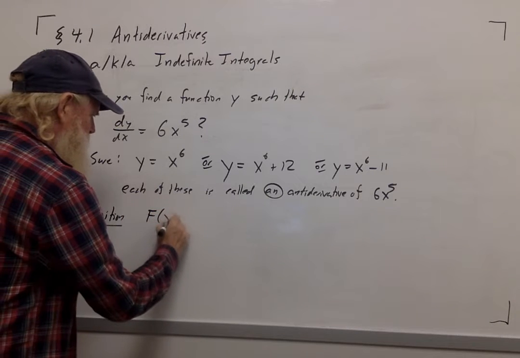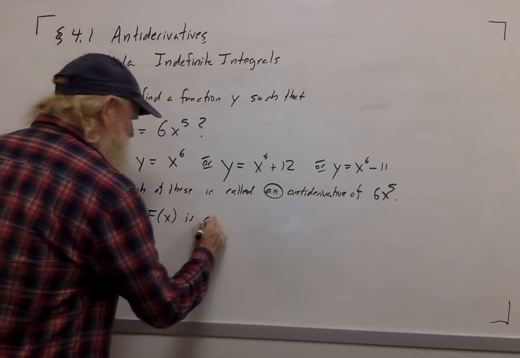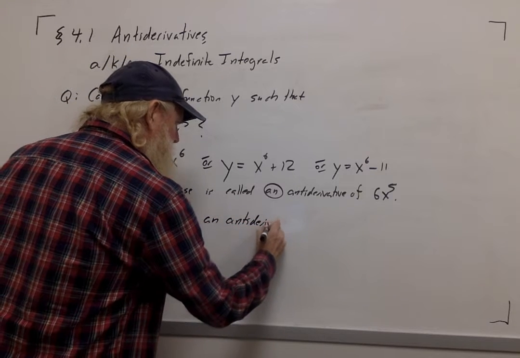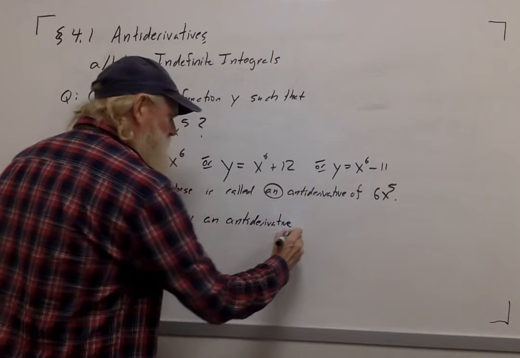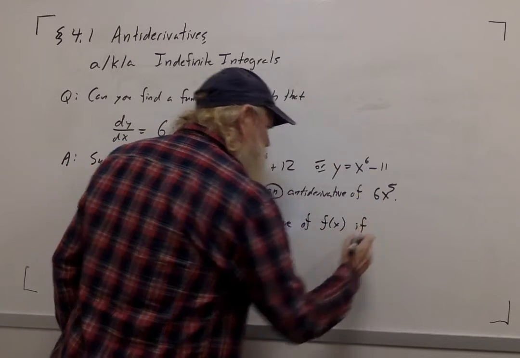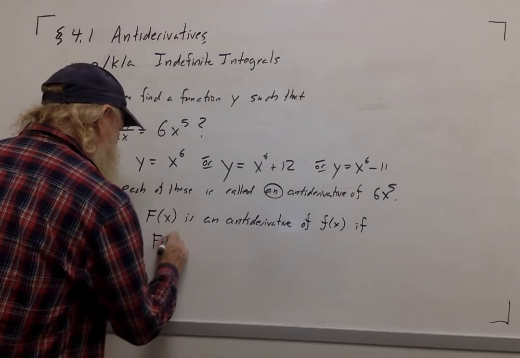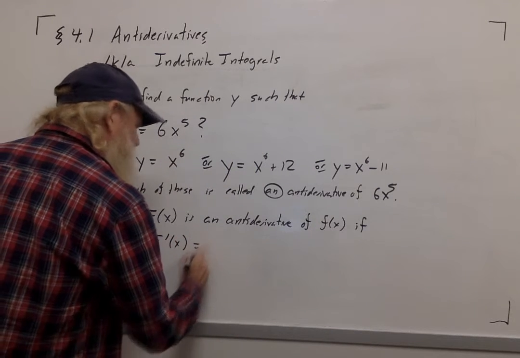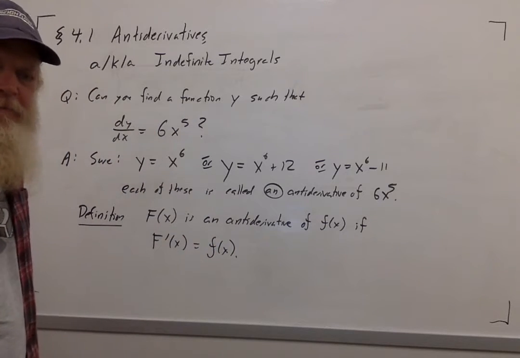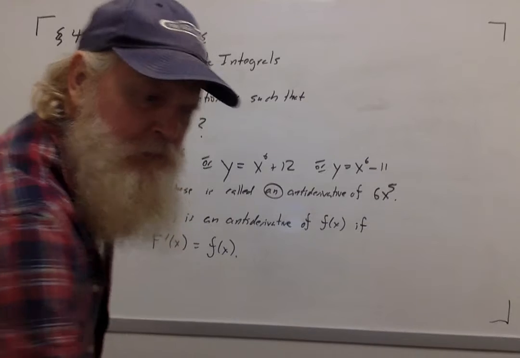We say that the function big F of x is an antiderivative of little f of x if the derivative of big F is equal to little f.